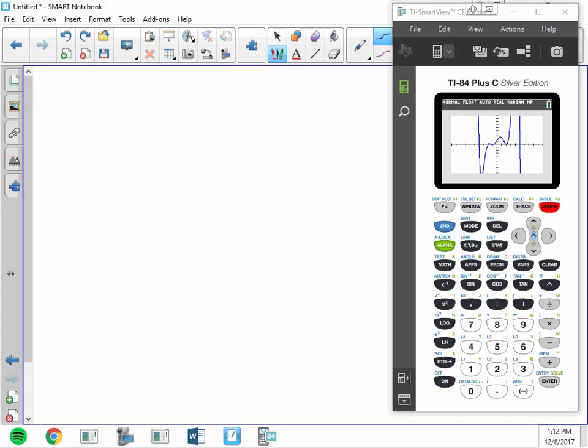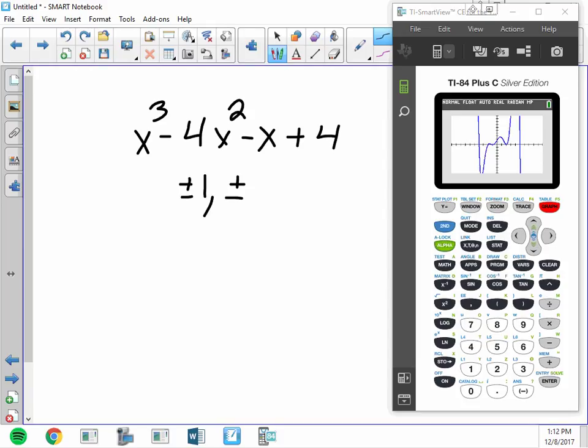So for number 17, we have x to the third minus 4x squared minus x plus 4. What could the answers be? Plus or minus 1, plus or minus 2, or 4? What do you want to guess? 2?